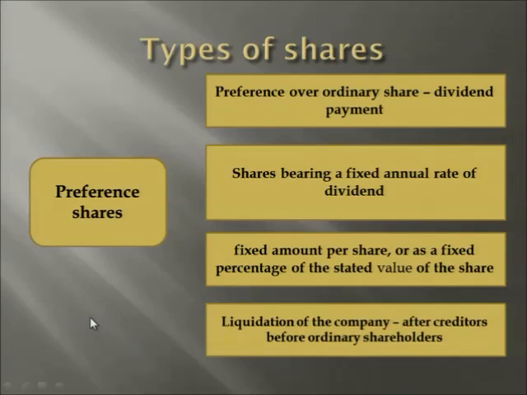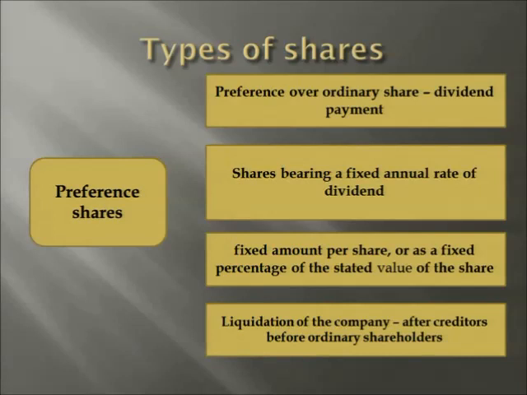Then when the company is liquidated, also applicable to preference shares is that creditors must always get something first. But immediately after creditors are paid, preference shares, over the ordinary shares, will be the second to receive. Preference will be given to them if the company closes down and there is no more money, the company is running at a loss, and they decide to liquidate.